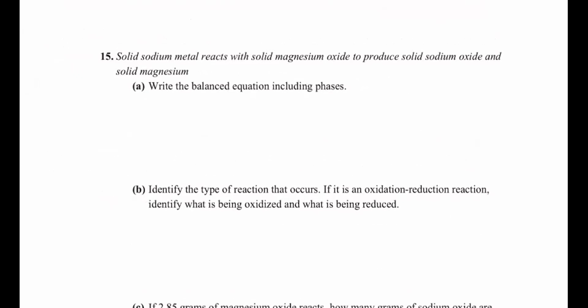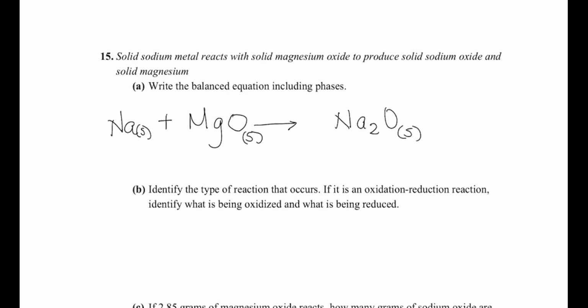Okay, so to make your life easier, I'm just going to write the balanced chemical equation. I have magnesium oxide, MgO. So sodium, solid, magnesium, also solid, produces Na2O, that's also a solid, plus magnesium.